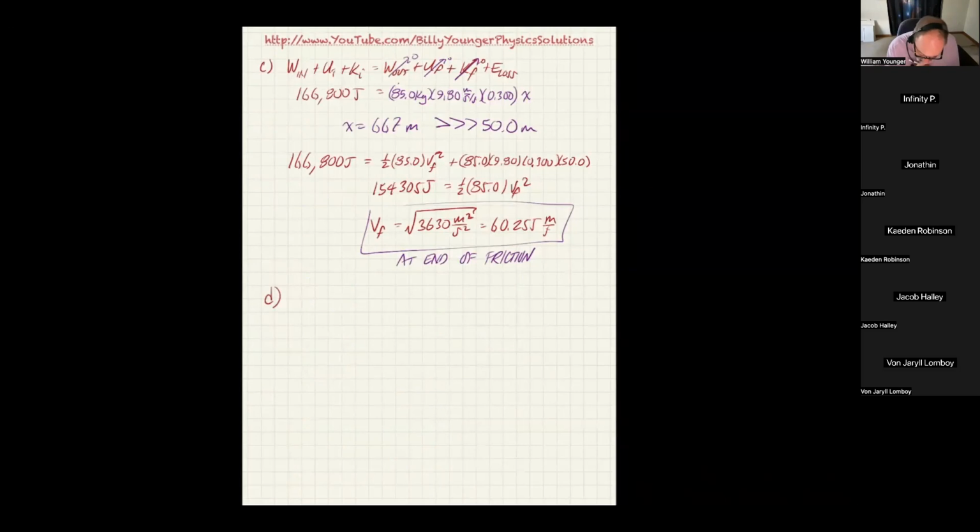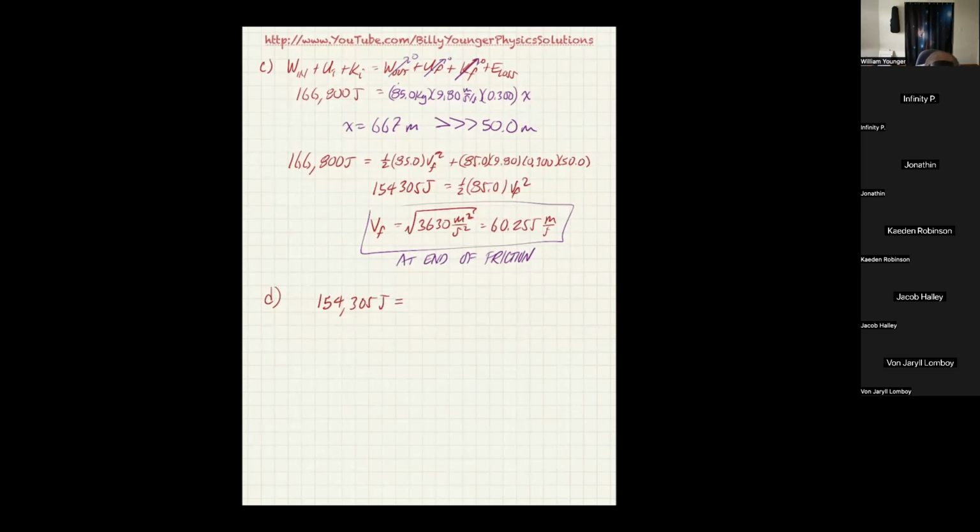So part D, I know the energy I have coming in to the plywood with the spring on it is 154,305 joules. That's going to be equal to, in this case, we're actually going to have the kinetic energy go to zero, but what we're ultimately going to have is all of that energy is going to be dissipated by work out.